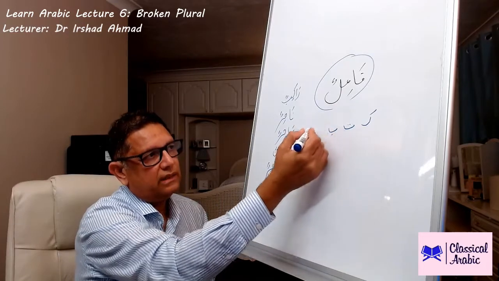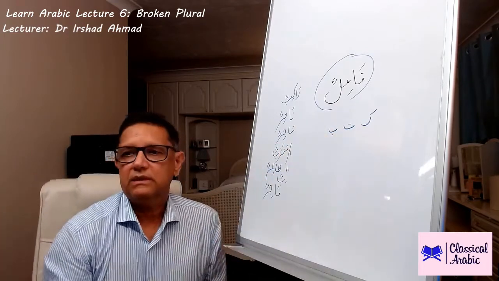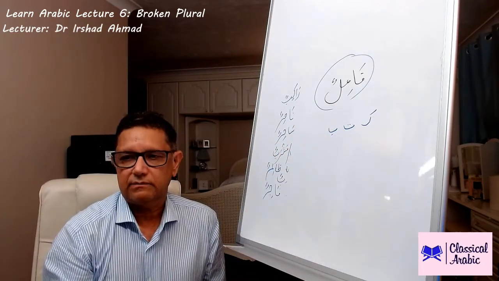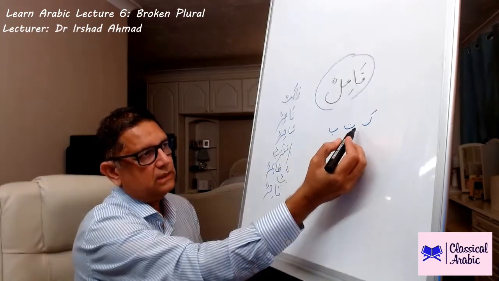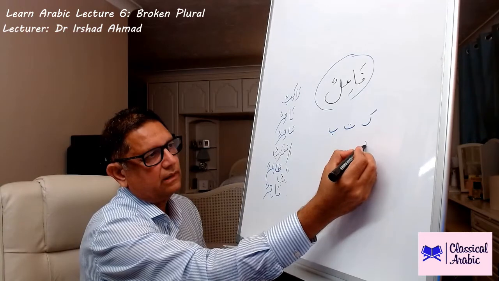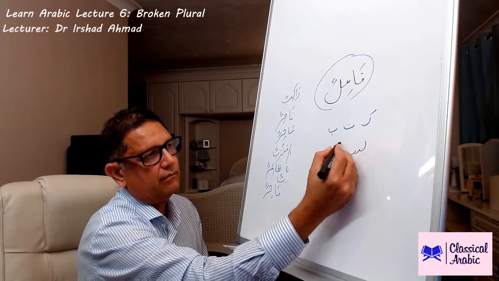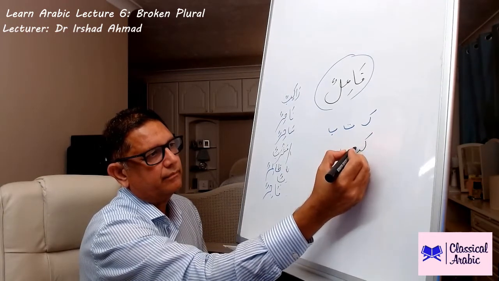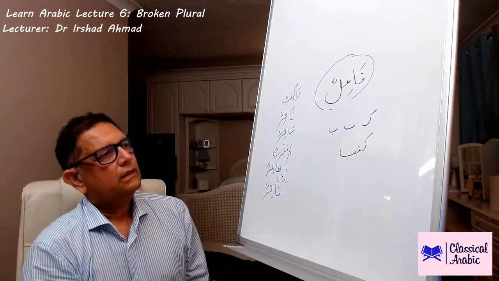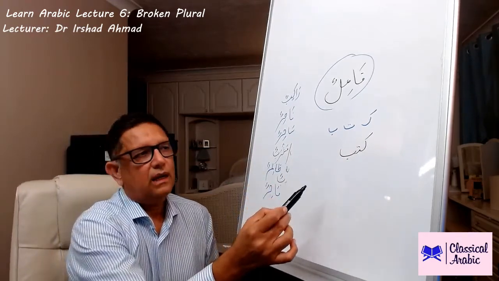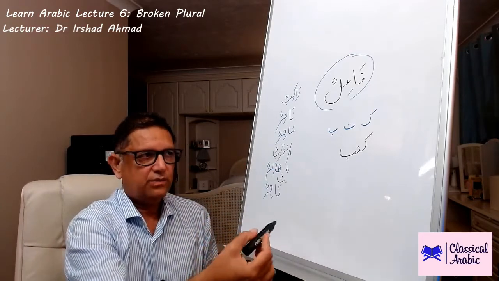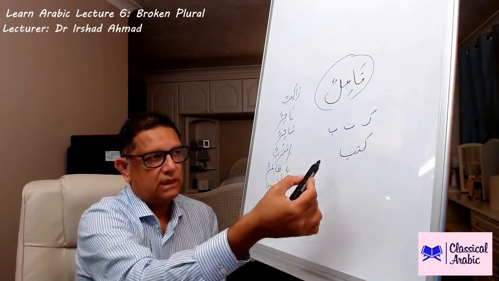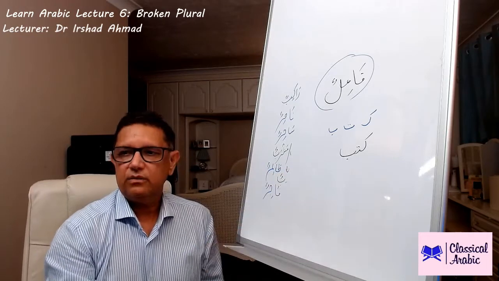Kaf ta ba, when written separately like this, means something to do with writing. Now I'm going to put these three letters together, kaf ta ba. Unless I vocalize it in a certain way or put some vowel signs on it, it still means something to do with writing.